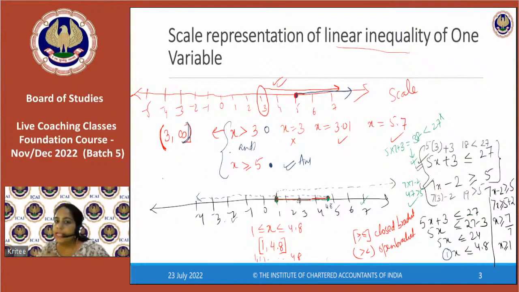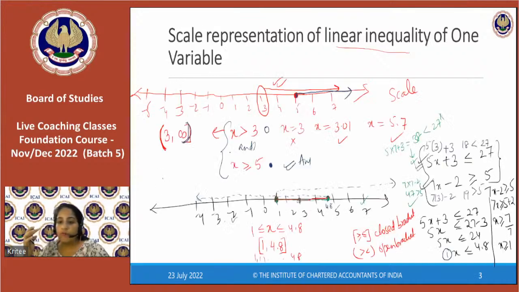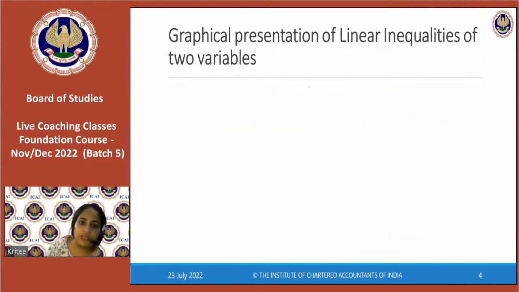So this is the scale representation of linear inequality. This was a single variable representation. We will also consider a graphical presentation of linear inequalities of two variables. How does that work?